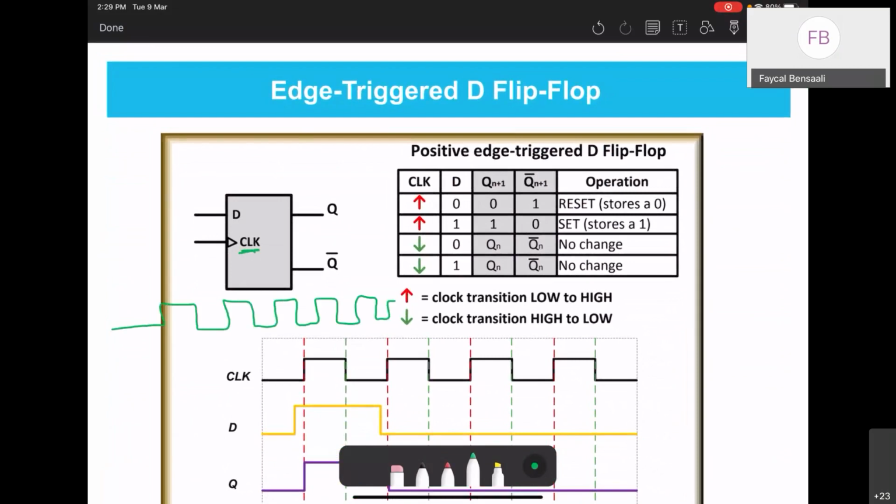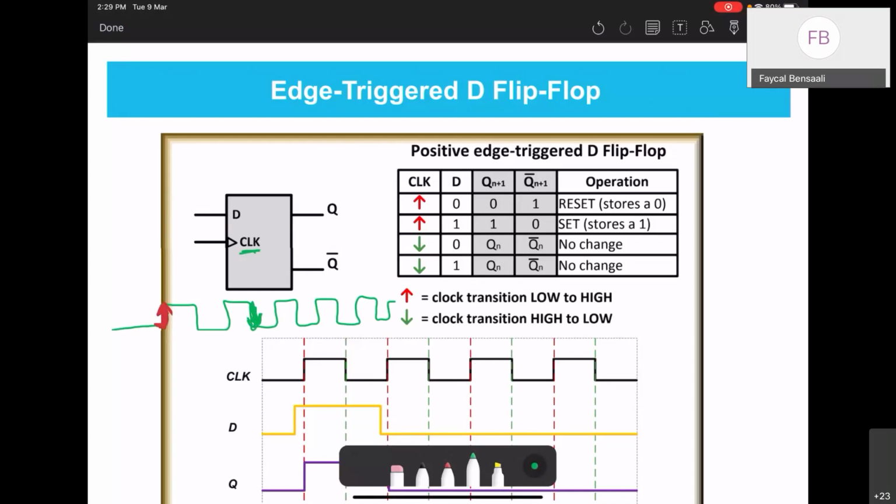In this wave, this is a rising edge. So when the signal goes from 0 to 1, we call this a rising edge. When the signal goes from 1 to 0, for example here, we have a falling edge. So we have many rising edges and many falling edges.